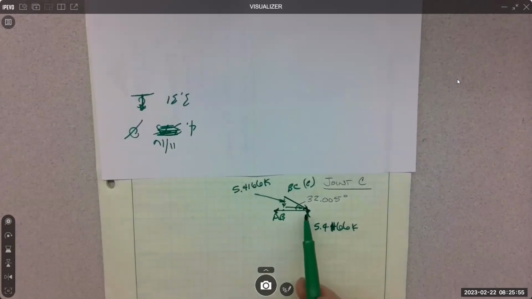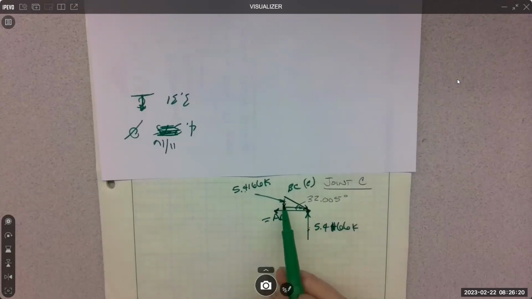So now that I know BC's Y component is that, and I know the angle 32, I can get the X component, right? I really don't want the X component. I don't need it. But I know that the X is equal to AB. So I do need it, right? They are equal to each other. So how do I get it?